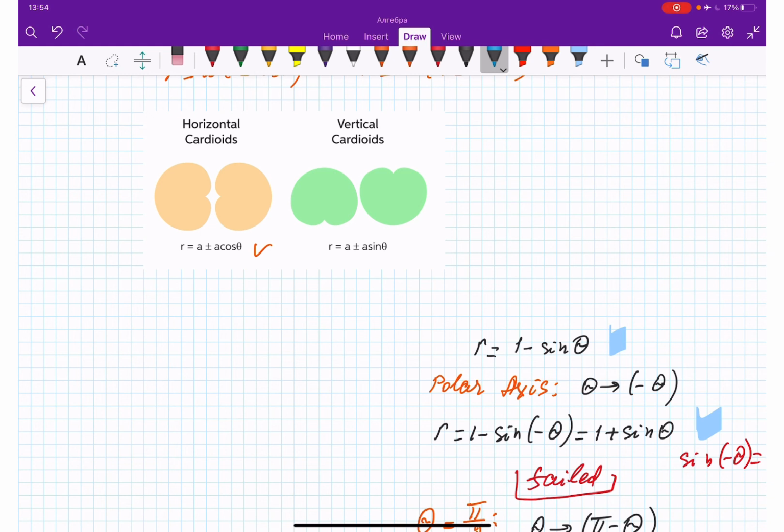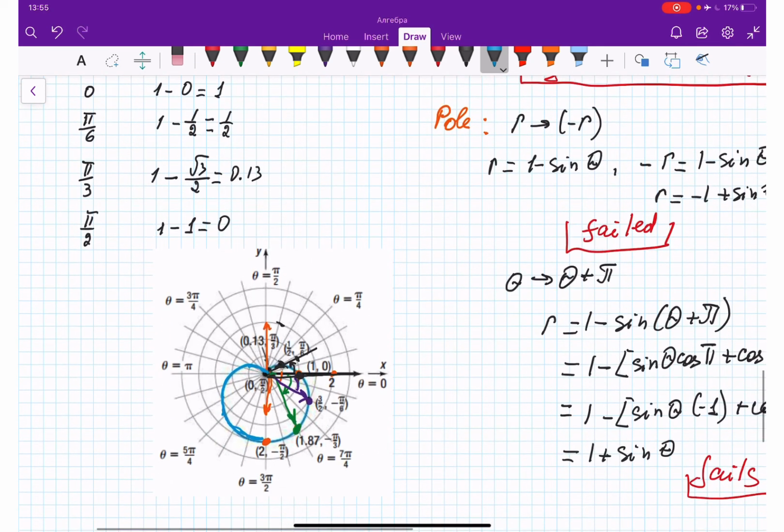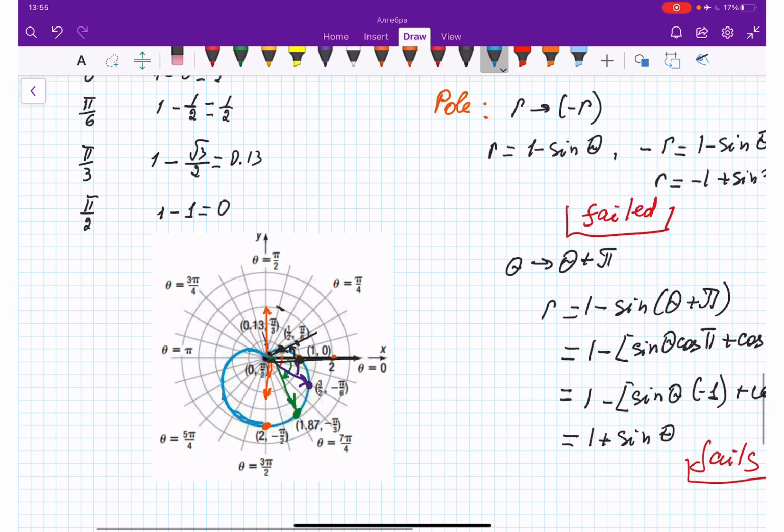In the case of horizontal cardioid, that's why they call horizontal, because look here. This one is going this way, the direction, and this one direction is this way. While for vertical, this one is going up, this one is going down. This is the difference. So in our case, we built vertical cardioid. Okay.